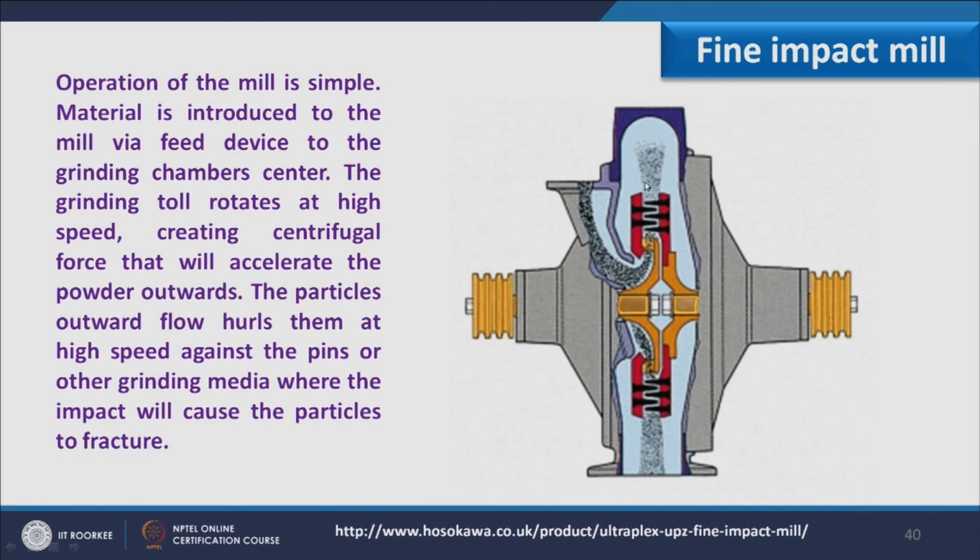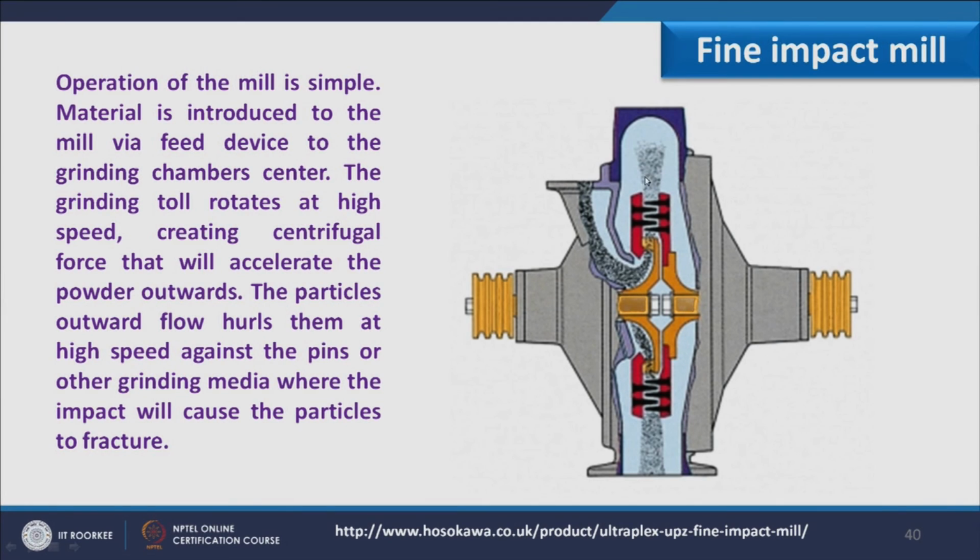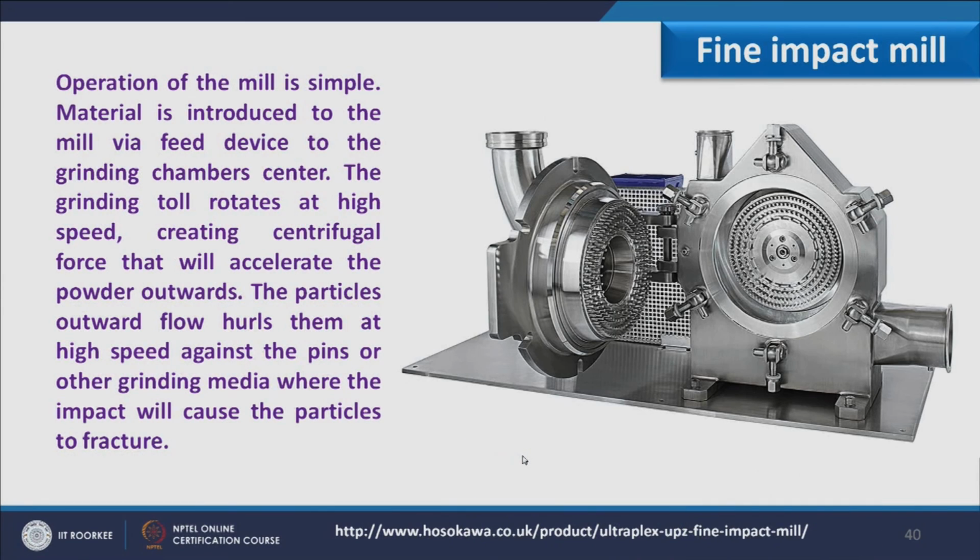So, in this way the feed is converted into a finer product, and it exits from the mill. This fine product is generated due to centrifugal action, and when it comes out from this, due to gravity it falls over here, and then it can be collected from the bottom.